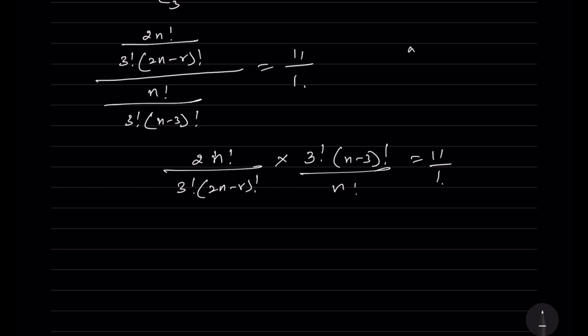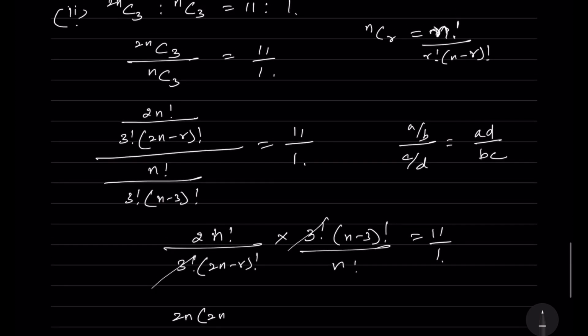I told you that if a by b by c by d is written, you can write this as ad by bc. So that will be written here now. Here this 3 will get cancelled. So now you can write this as 2n into 2n minus r, here r is nothing but 3, we forgot to write. So therefore here also you get 3.